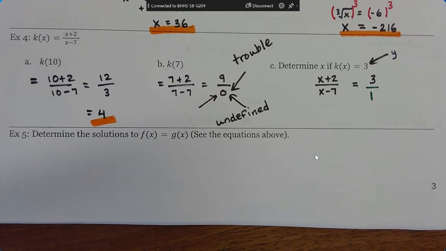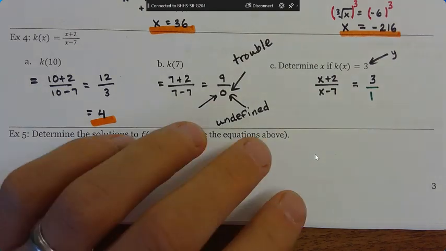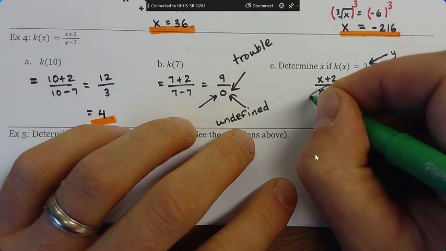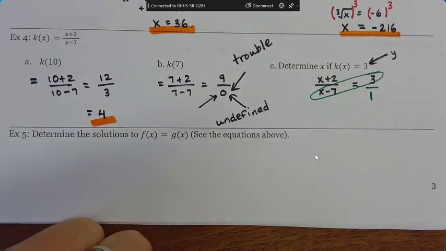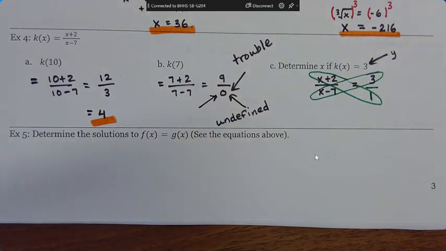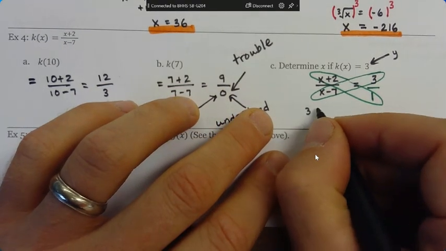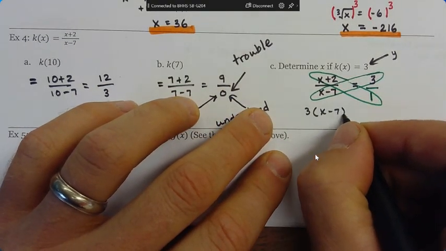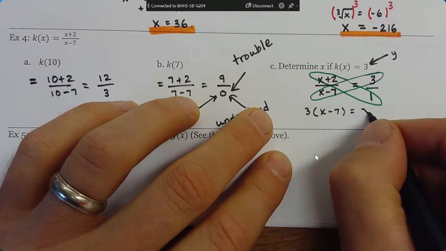That'll work. You can also do it this way. You can say the product of these 2 values is equal to the product of these 2 values. So 3 times the quantity x minus 7 is equal to 1 times the quantity x plus 2.